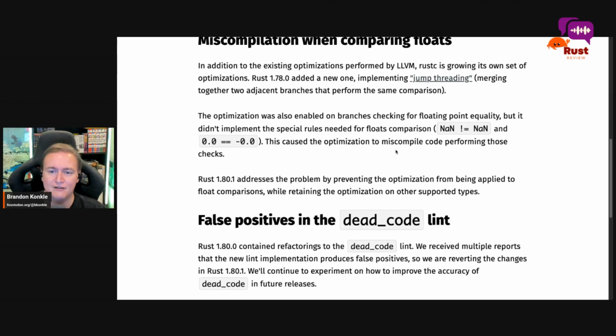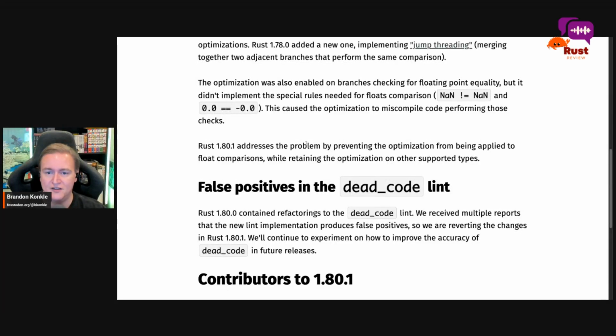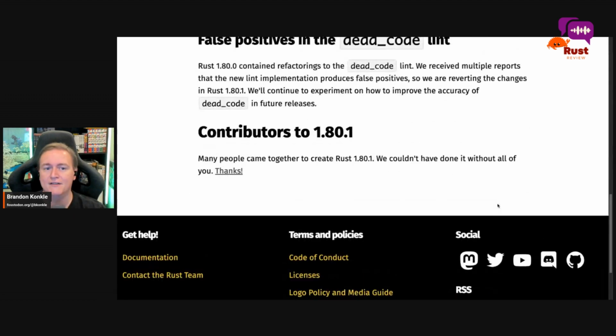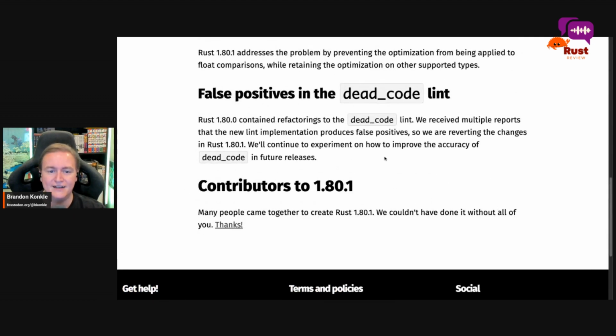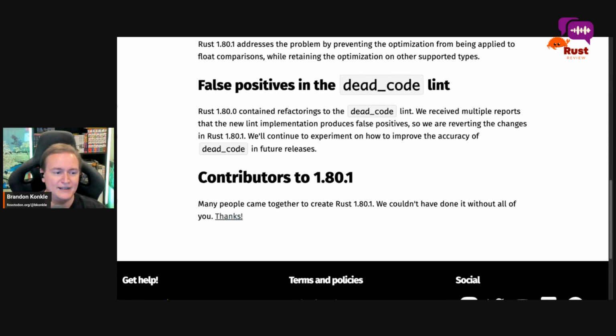But in order to do that, it has to determine when it can't do that. And there was a case where it shouldn't have been optimized, but it was a false positive, and it was being applied to these float comparisons. So they fixed that. It also fixed some false positives on the dead code linting. So not a big release, but definitely a couple of things that will improve your quality of life as a Rust developer.